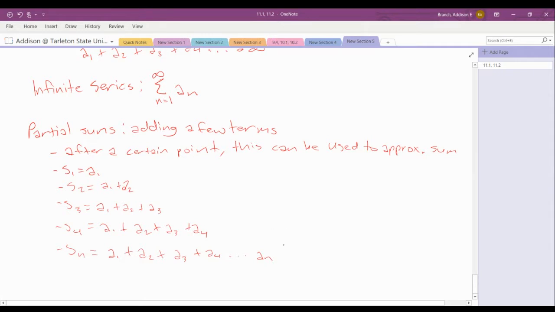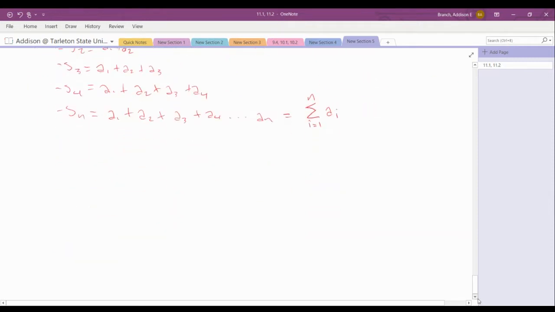Essentially, we have this partial sum of your nth term, which is the same thing as saying we have a summation of i equals 1 to n of a sub i. Going off of this, we can use it to talk about convergence and divergence.